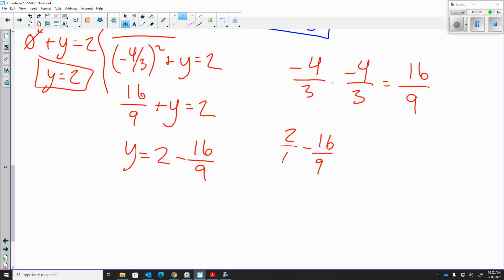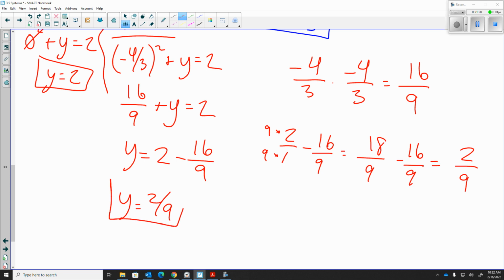You need common denominators, right? So I'll multiply it by 9. Get 18/9 minus 16/9. And what's that? 2/9. Can you reduce that? Nope. So y equals 2/9.